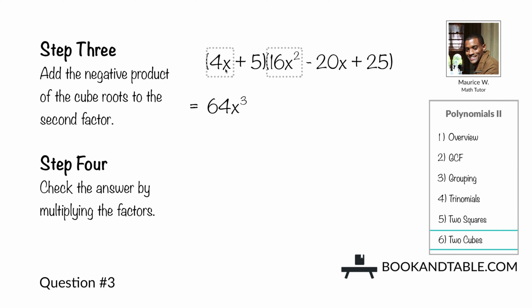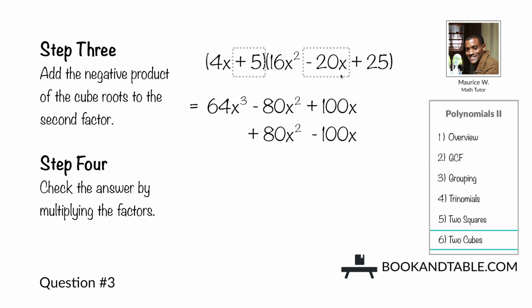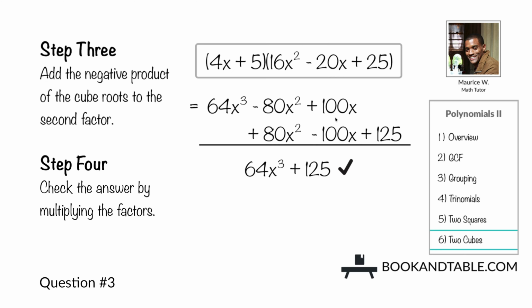So we get 4x times 16x squared, which will give you 64x cubed. 4x times negative 20x is equal to negative 80x squared. 4x times positive 25 is positive 100x. 5 times 16x squared would give you positive 80x squared, which cancels out negative 80x squared. 5 times negative 20x is negative 100x, which cancels out with positive 100x.